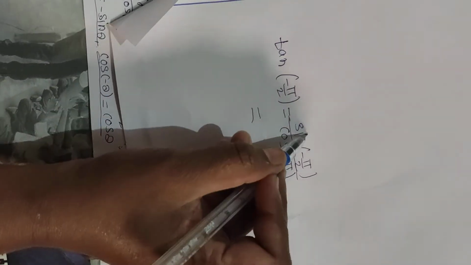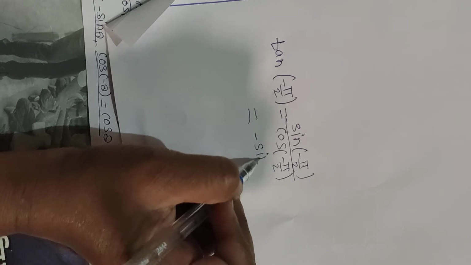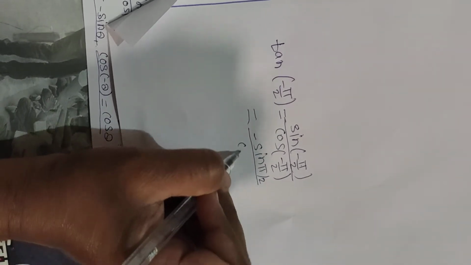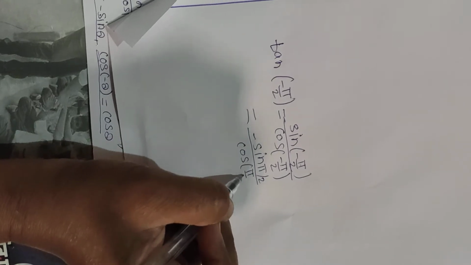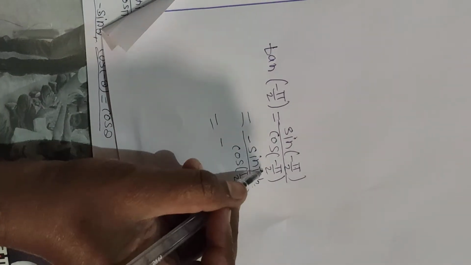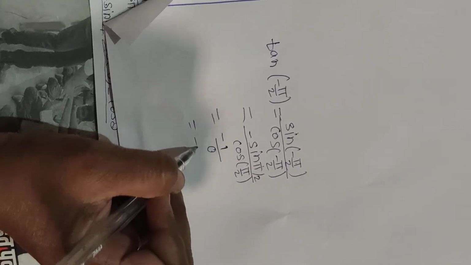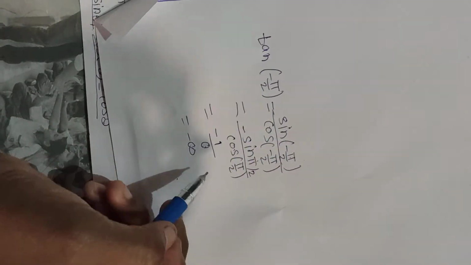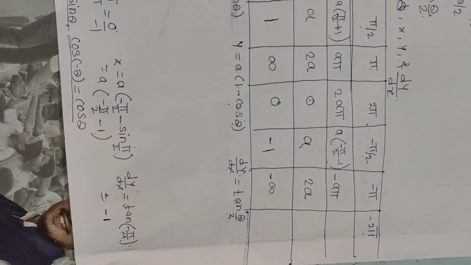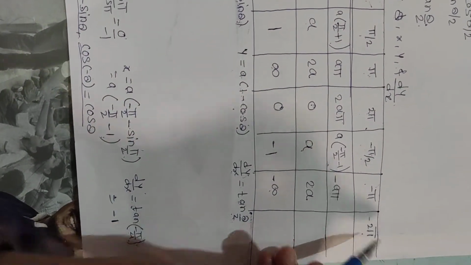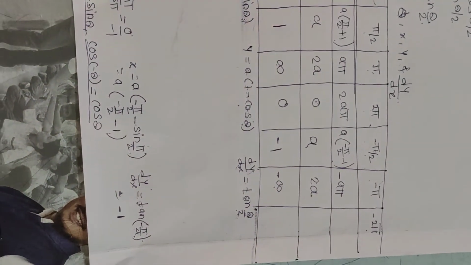What is sine of minus theta? It is minus sine theta. And what is cos of minus theta? It is cos theta. So what is the value of sine pi by 2? It is 1. And cos pi by 2 is 0. So 1 by 0 is infinity, and with the sign the value here is minus infinity. This is the way we have to calculate.